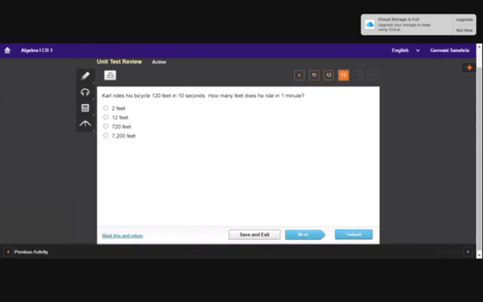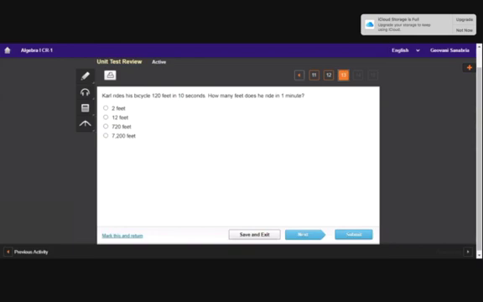So like this one, it would just be how many feet? So there's 60 seconds in a minute. So to get 10 seconds, how many 10-second intervals fit into a minute? 6. So it's like 10 seconds, 10 seconds, 10 seconds, 6 times.